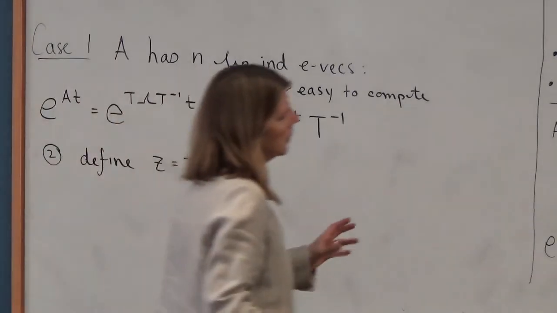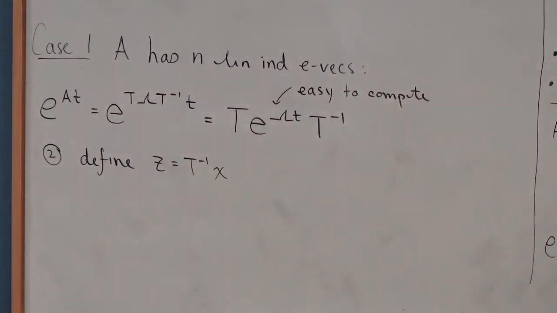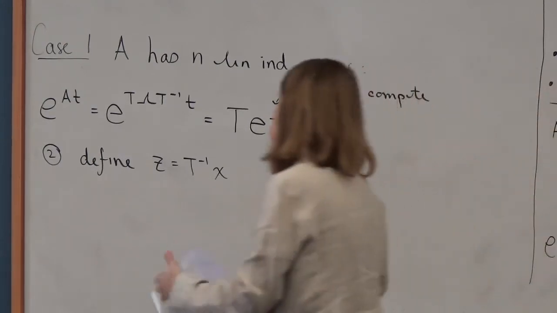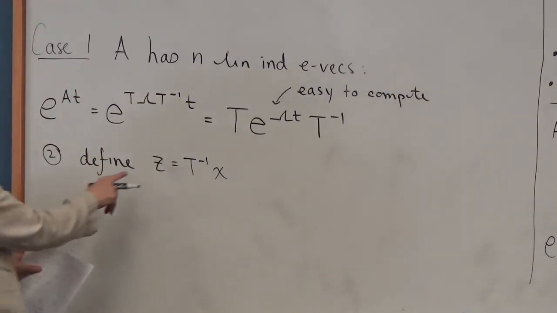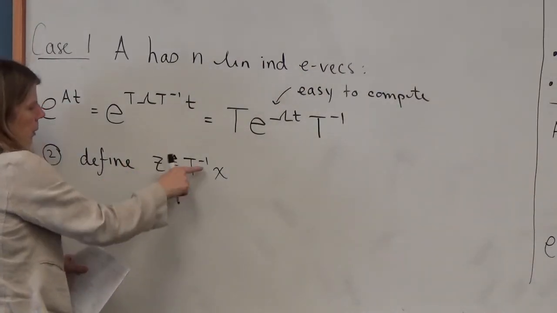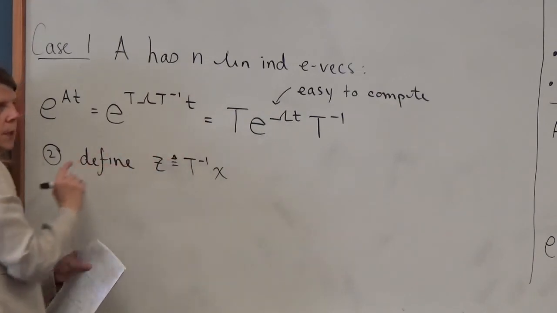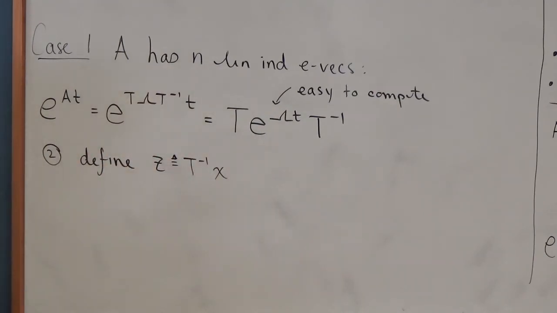We're still under case 1, when A has n linearly independent eigenvectors, and we're seeing why it's so nice to have this similarity transform that diagonalizes A. I'm showing it to you in two different ways. One is explicitly in determining e to the At, but the other is really doing the same thing implicitly. So now I define a new state, and I haven't lost any information because T is an invertible matrix.